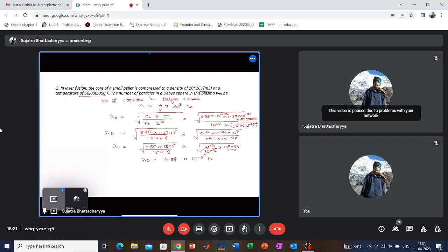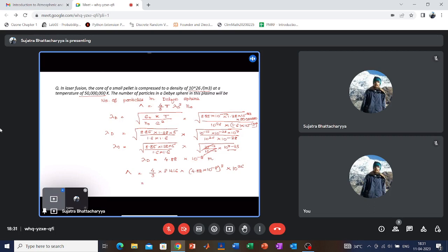Okay, but what we need is not lambda D, this is capital lambda. So this capital lambda will be 4/3 into 3.1416 into 4.88 into 10 to the power minus 8 whole cube into 10 to the power 26.